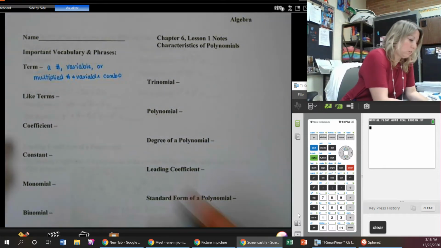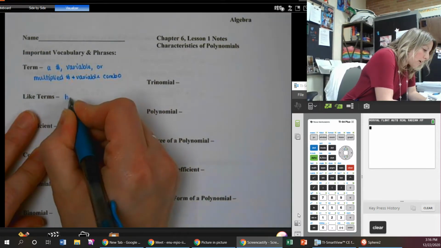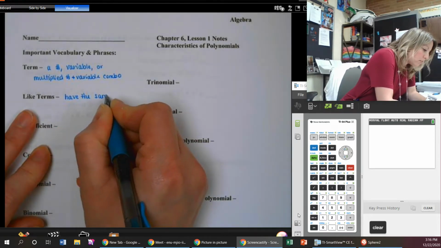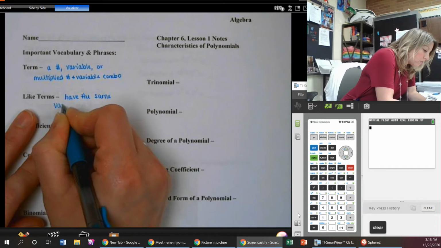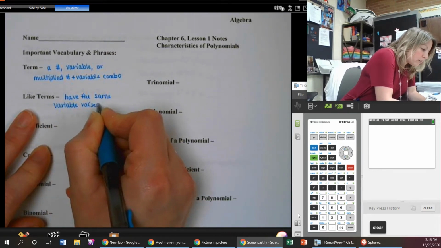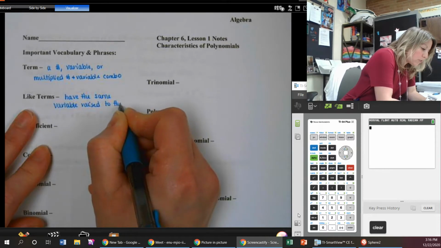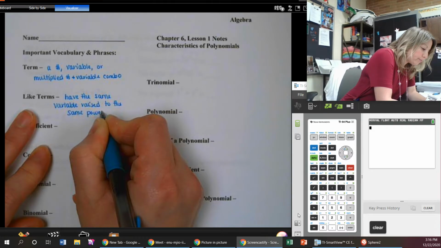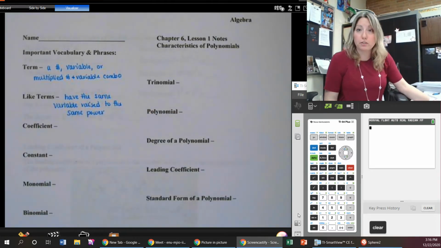Like terms have the same variable raised to the same power. And a power, of course, is that exponent.